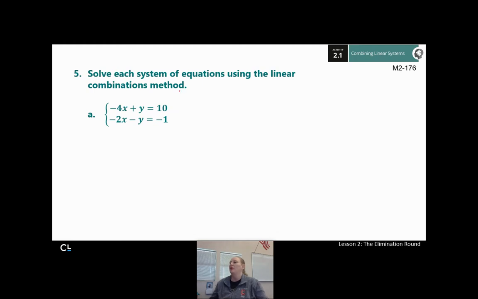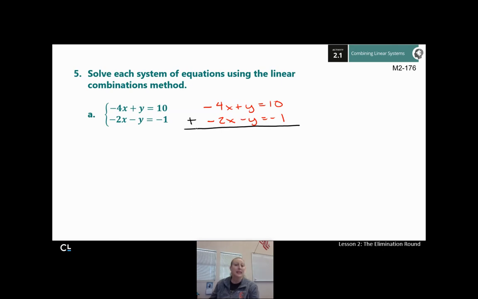All right, so the linear combinations method says I need to take these 2 equations and add them together. I'm going to use another color just to distinguish a little better. They're in standard form. I can see I've got a couple of things that are opposites. So sure enough, I've got a plus y and a minus y.